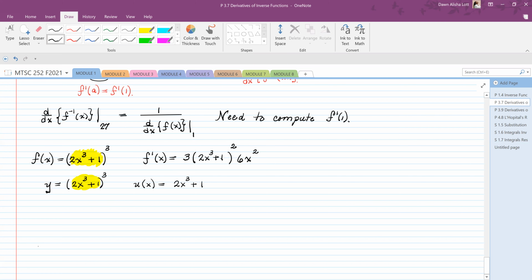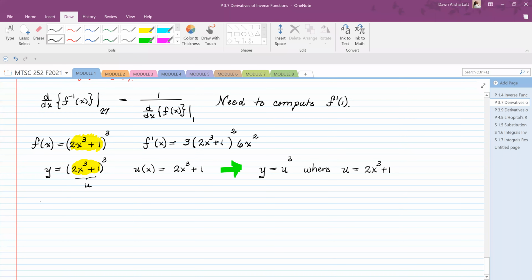So now I can write this as y is equal to u cubed, where u is 2x cubed plus 1. Does everybody see that now? If I let this thing inside be u, then y is just u cubed, and u is 2x cubed plus 1.